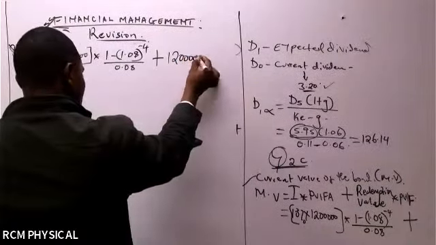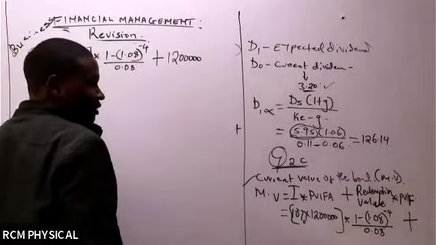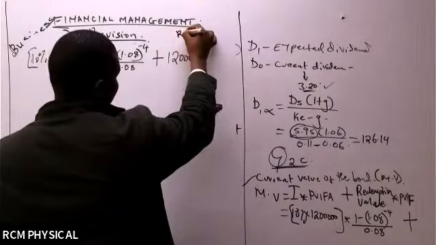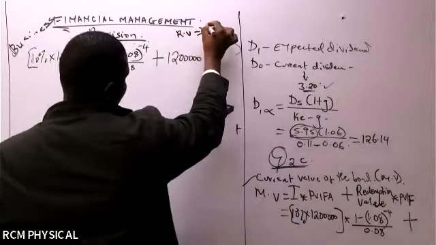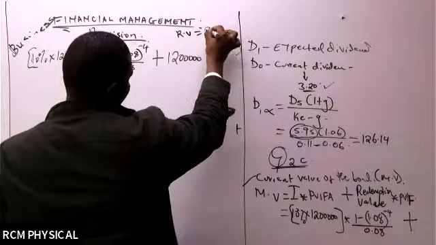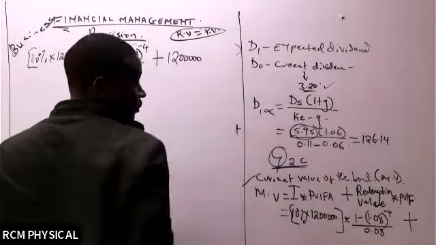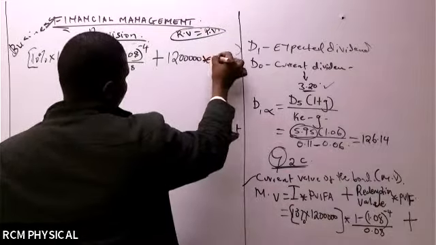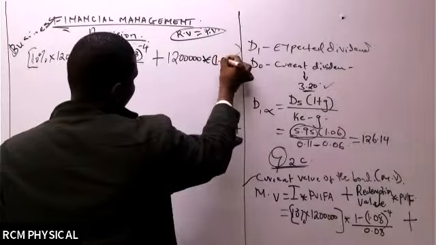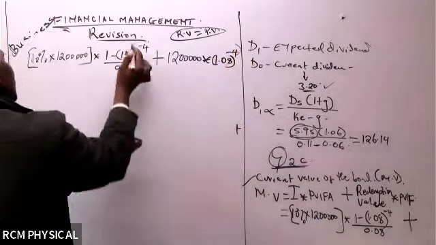Redemption value is the same as the par value. Don't ever forget that. And you multiply by 1.08 to the power of -4.